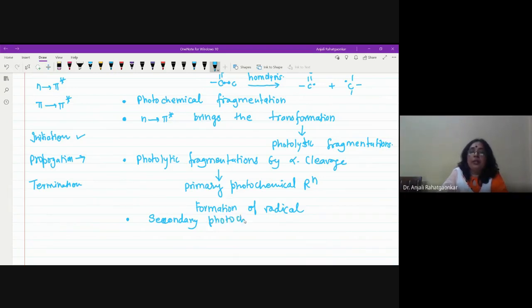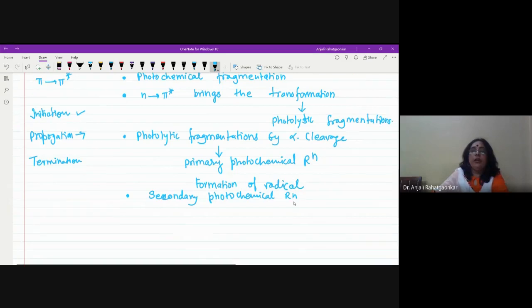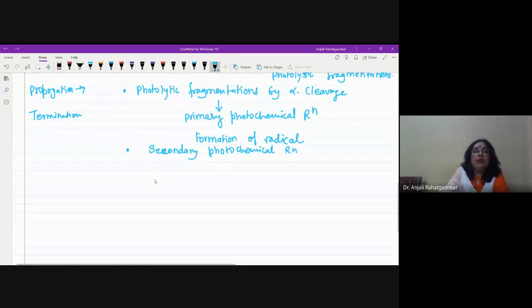I can represent over here that a primary photochemical reaction gives you a secondary photochemical reaction, and there will be a termination. You got it? So the formation of primary and secondary is nothing but part of the propagation of the reaction.